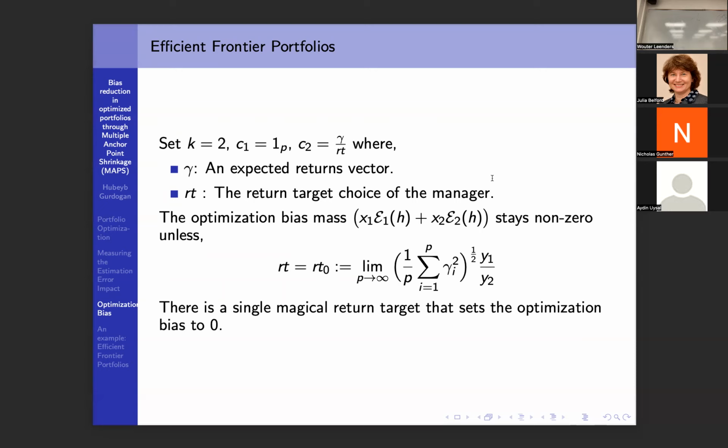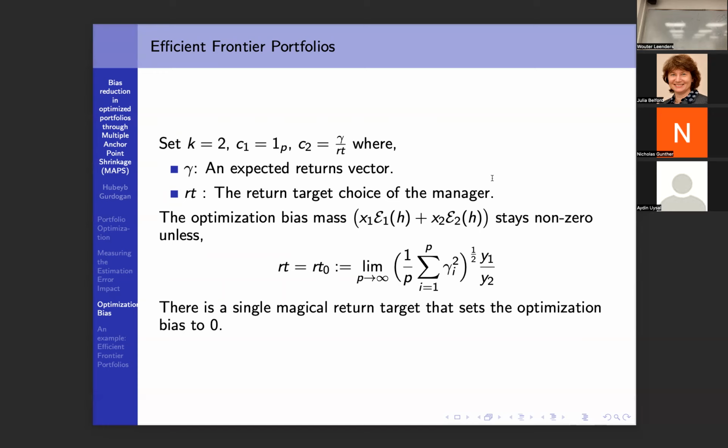We will have the optimization bias mask clearing itself if the return target is equal to RT0, which I call the return target 0, which is the limit of the average of the squared returns times that quantity y1 over y2.